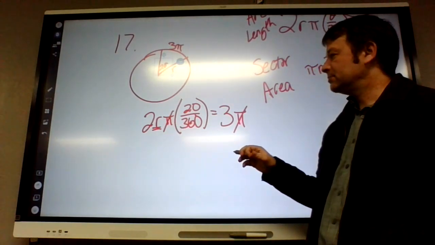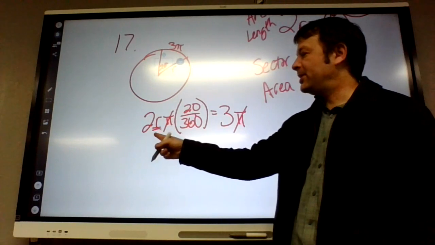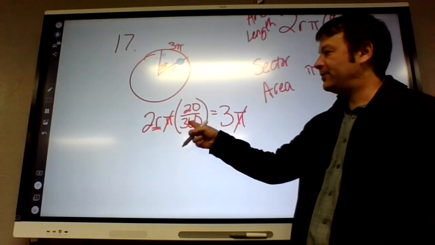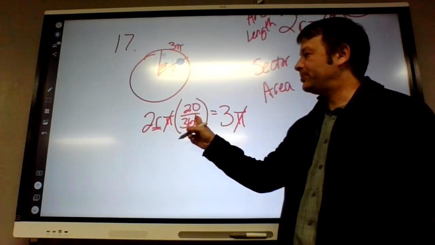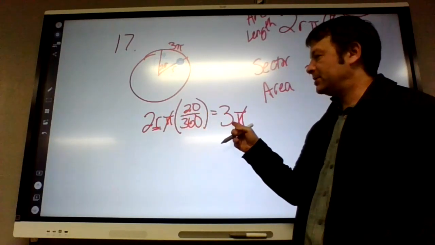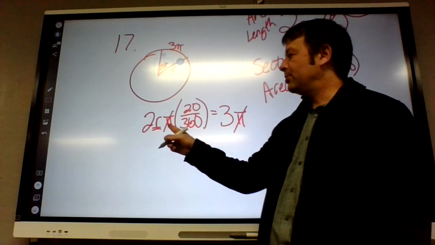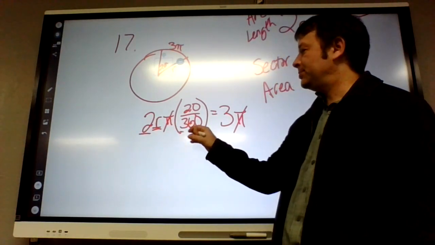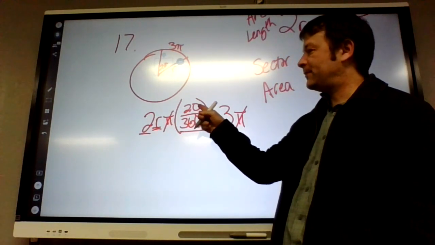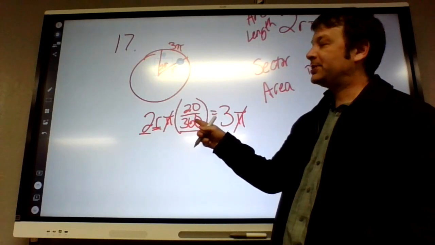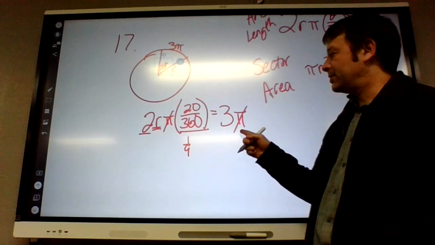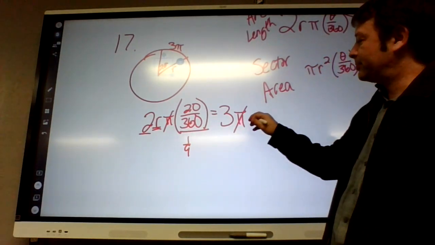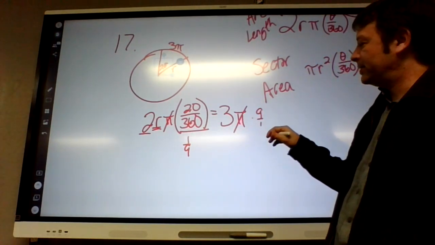Then we could divide by 2 and by 360, since all this is multiplied, or divide by 20 over 360. 2 times 20 is 40 over 360, which is 1/9. Dividing by 1/9 is like multiplying by 9.